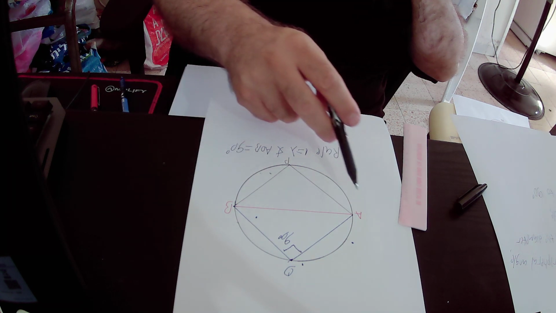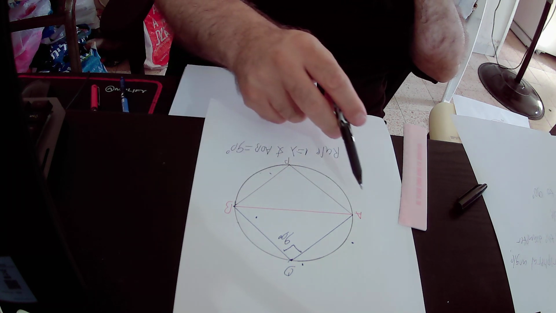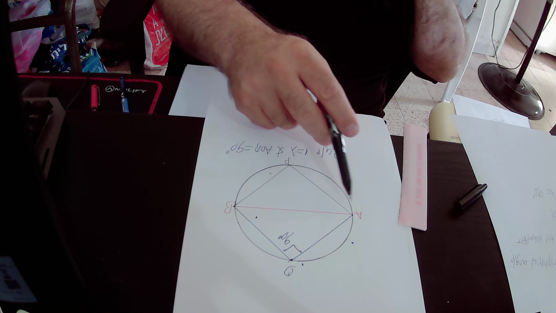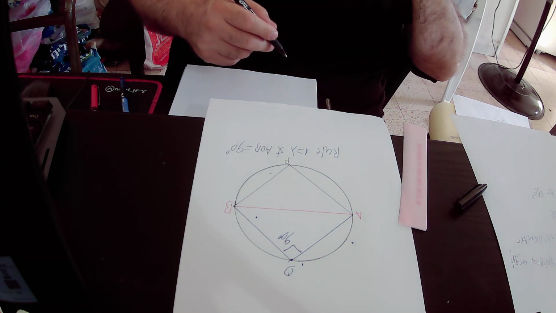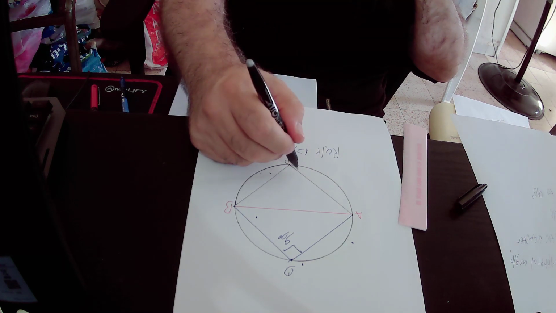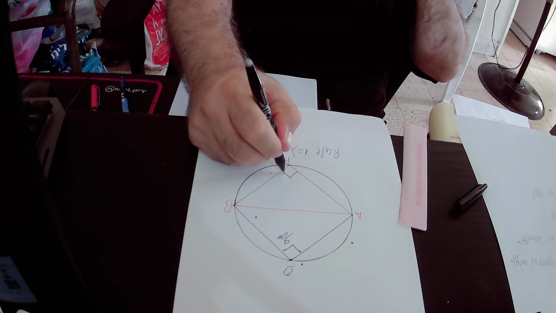That is to say, angle APB rests on chord AB, that is the diameter of this circle. For that reason, according to rule number 1, it equals 90 degrees.